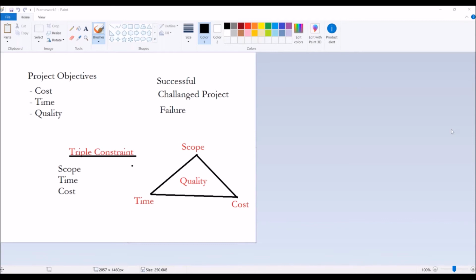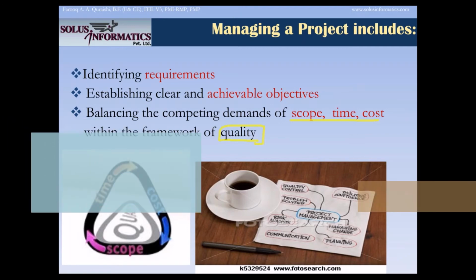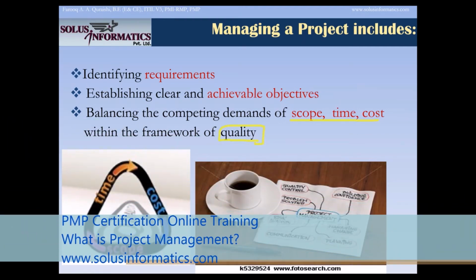So managing a project, like I told you, includes identifying the requirements, establishing clear and achievable objectives, and balancing the competing demands of scope, time, and cost within the framework of quality.